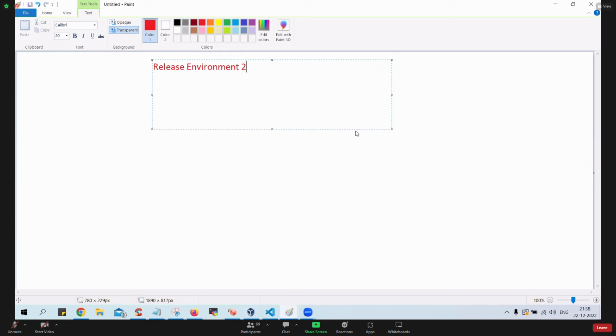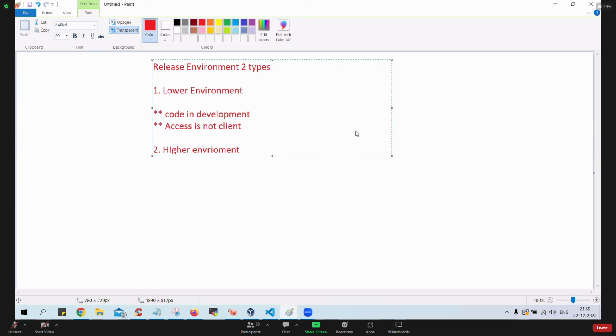Release environments are of two types. The first one is called lower environment, and the second one is called higher environment. So what is a lower environment? In the lower environment, the code will be completely in the developmental stage, and here access is not given to the client.